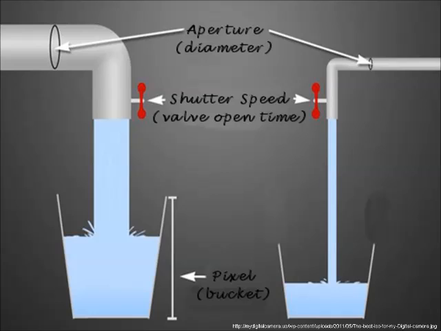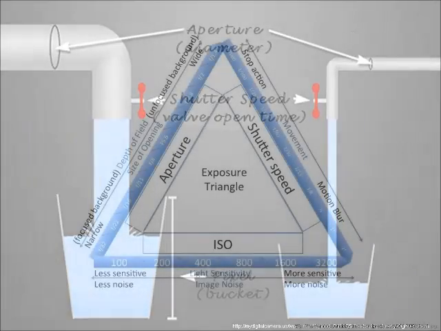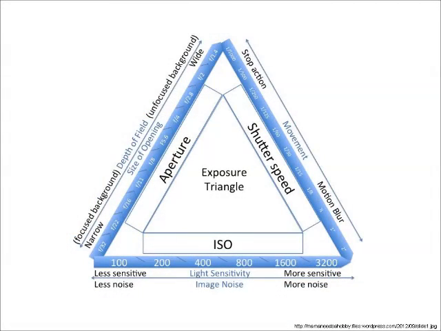One further analogy you can draw here slightly is to think about putting a spray nozzle on the end of our pipe. If we do that and move the bucket closer to it, we're essentially changing the focal length of our camera, and that has the same effect.